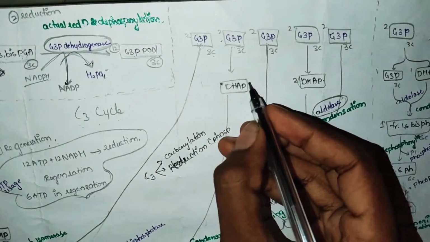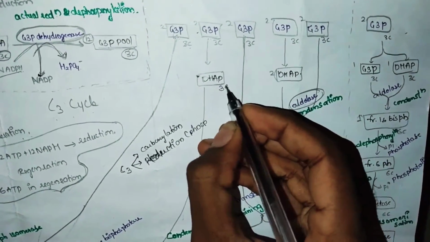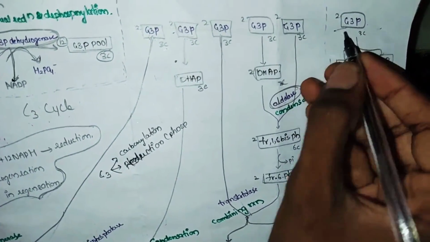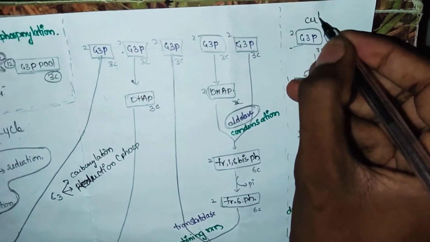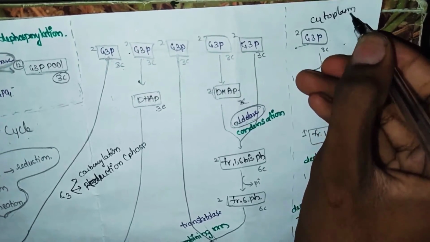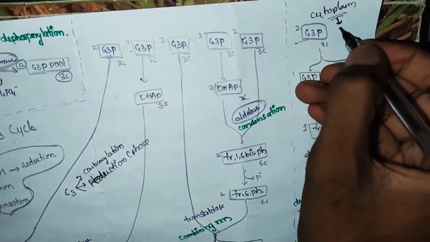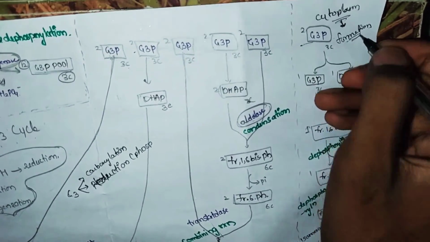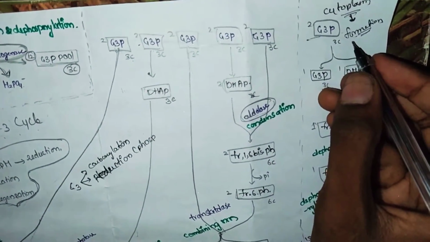So all these trioses undergo the reactions. One pair of the G3P goes into the cytoplasm, where the actual glucose formation takes place. And what is the use of the C3 cycle?